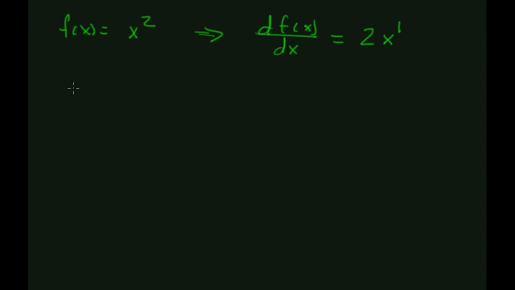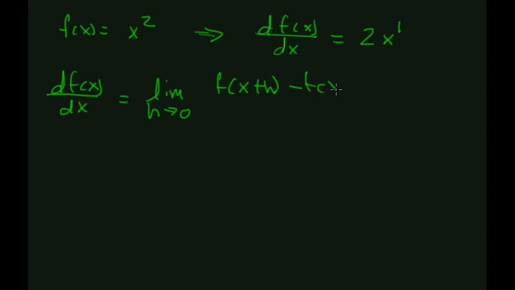So let's see how this plays out with our limit rule. The derivative of f at x over dx should equal the limit as h approaches 0 of f of x plus h minus f of x over h, which is my classical definition.